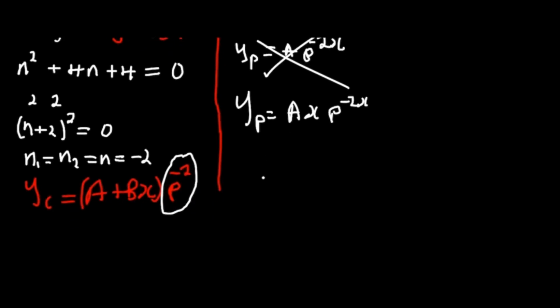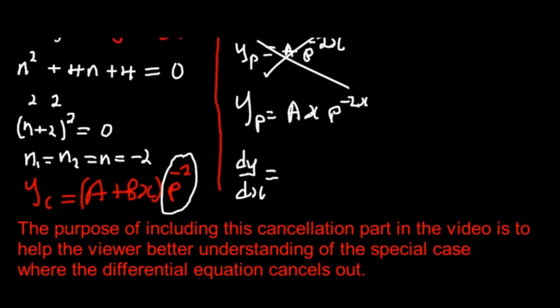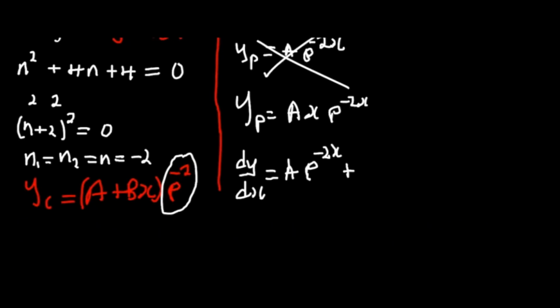So the first step is to look for the first derivative. dy over dx will simply be equal to, now we're going to keep a e to the minus 2x constant and differentiate x. So normally we're going to have a e to the minus 2x. Now plus, we're going to keep ax constant and differentiate e to the minus 2x.